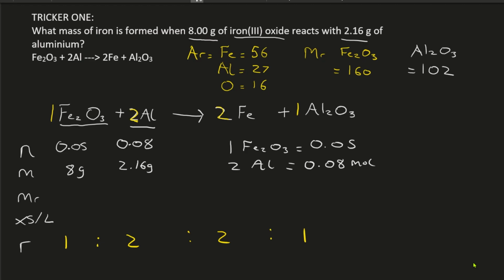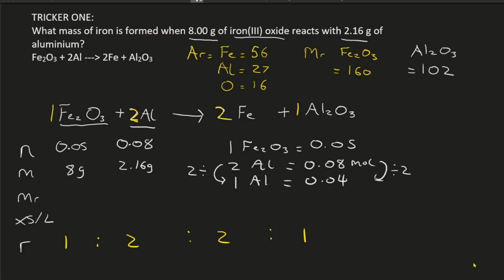So let's have a fair relationship here and a fair comparison. We need to find out how much 1 mole of aluminium is first. And 1 mole of aluminium, if we divide that by 2, and divide that by 2, should give me 0.04 moles. So now we've got a fair comparison.